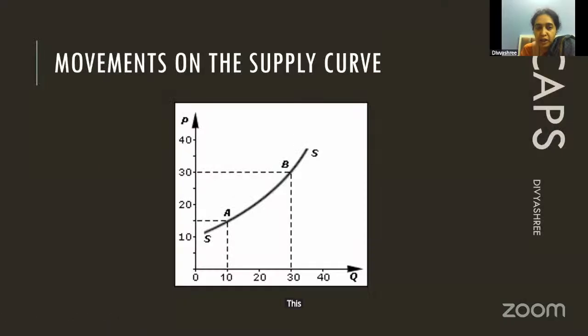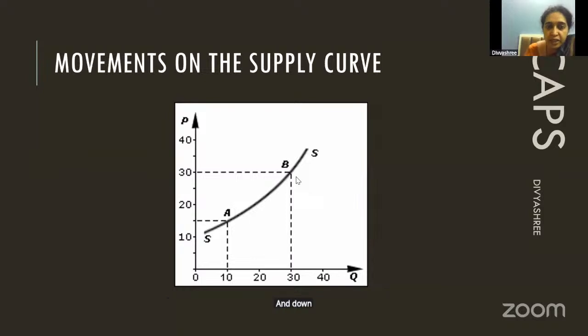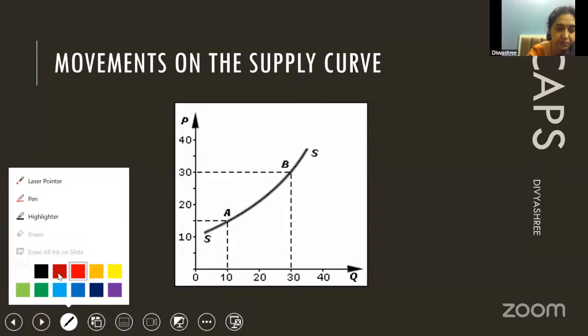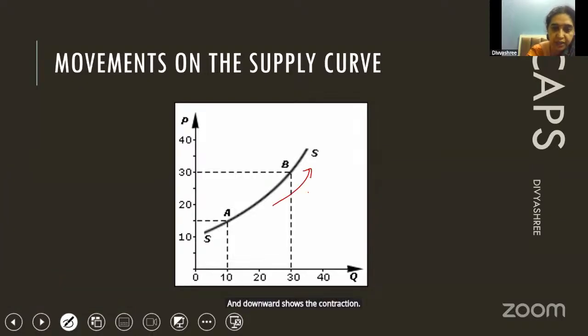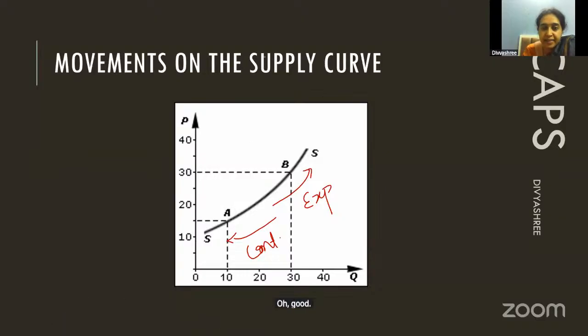This is movement along the supply curve. Upward shows the expansion and downward shows the contraction. Am I clear? Good.